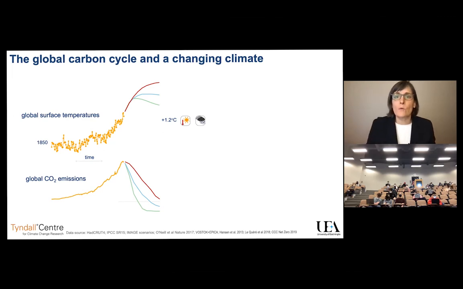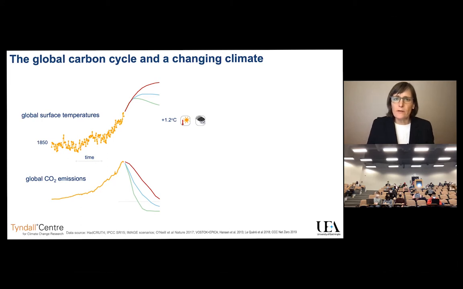Now, we know very well from understanding of the physical science, from observations of past climate, that greenhouse gases cause the warming of the climate system, the century warming that we have seen, which is shown here in this figure.